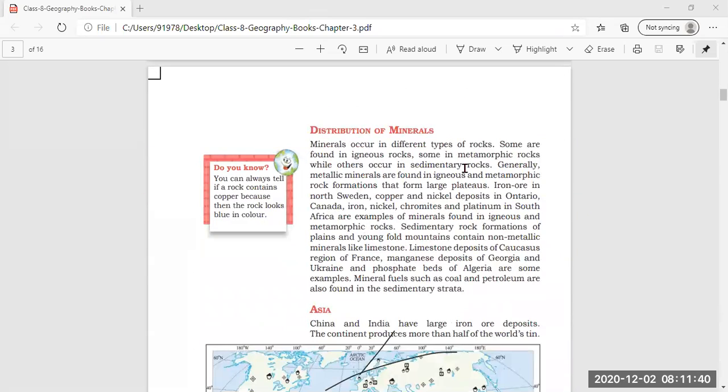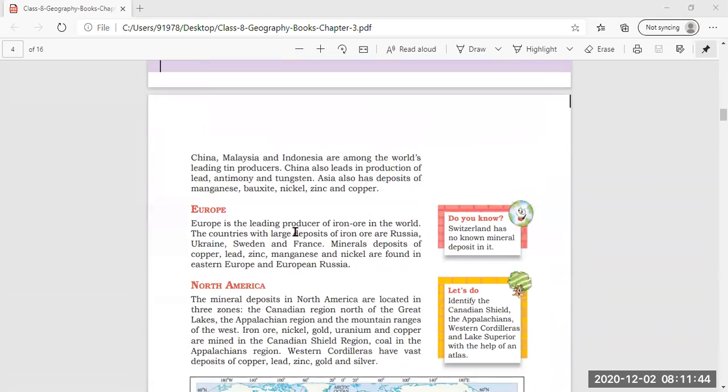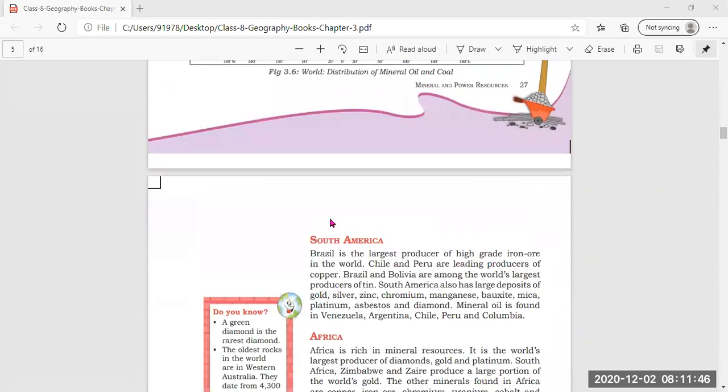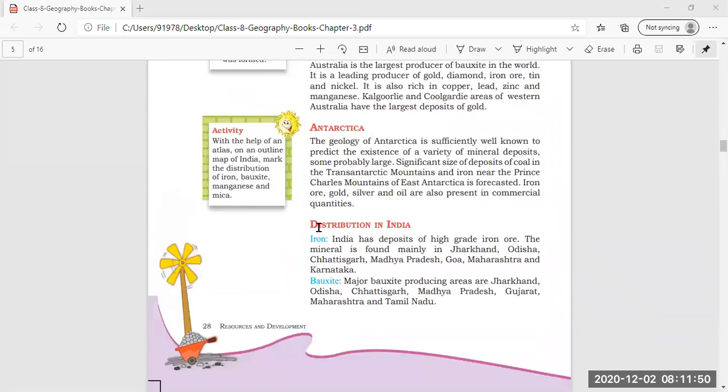Further, we have read about distribution of minerals in different parts of the continents: Asia, Europe, North America, South America, Africa, Australia, Antarctica. We have seen what types of minerals are present in these different continents. Then in India itself, we have seen which types of minerals are found in which state.